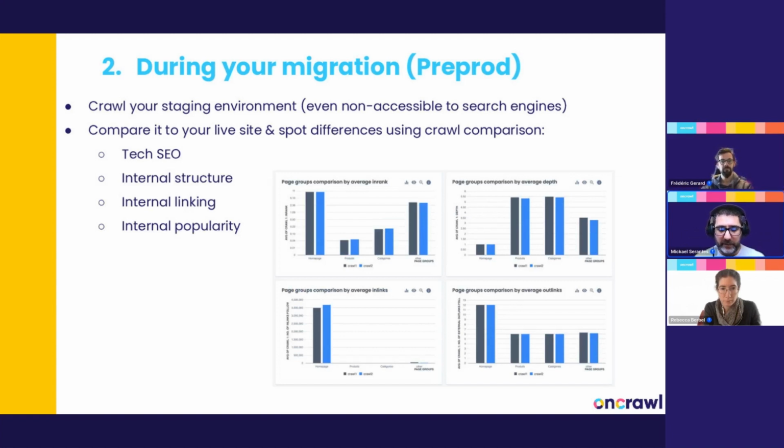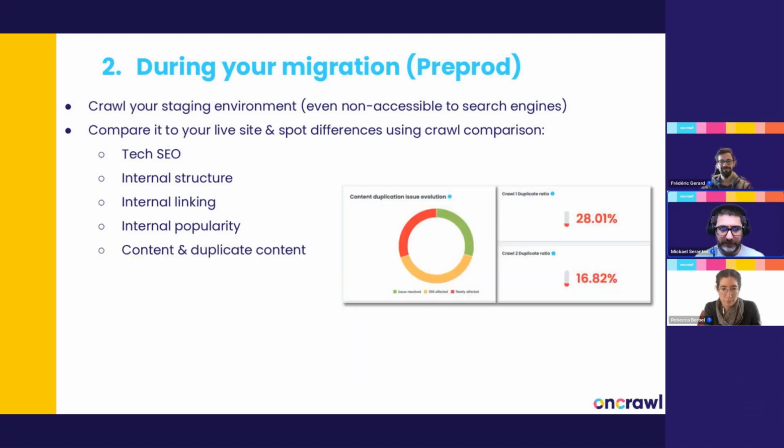So every chart in Oncrawl can be compared with crawl 1 and crawl 2, which correspond to your staging and live site. Also, you will be able to check the content and duplicate content. So if you move some content, or if you combine different content, do you still have duplicate issues?